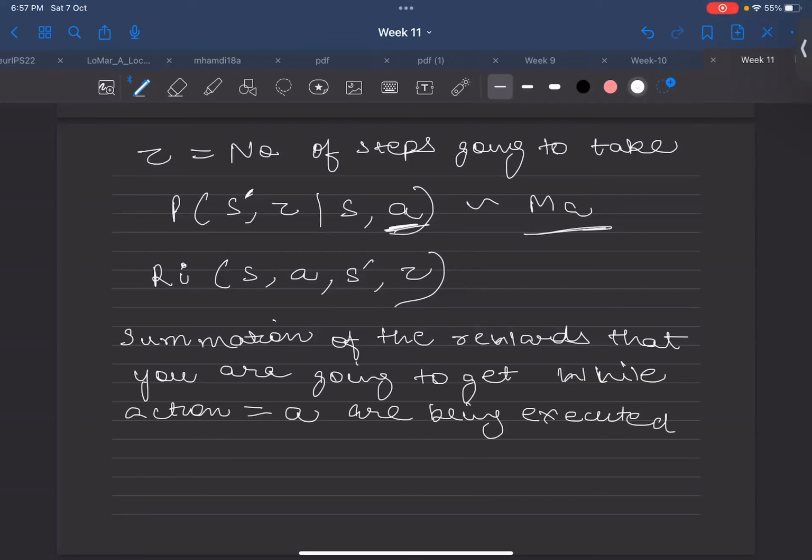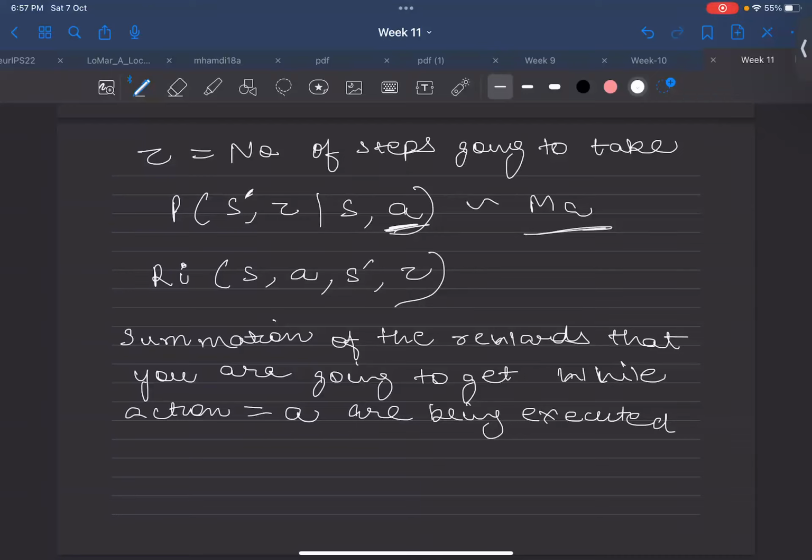As you told, this is the difference between the pseudo reward and the normal reward: pseudo reward is associated with the subtask only, and here we are talking about the whole reward.